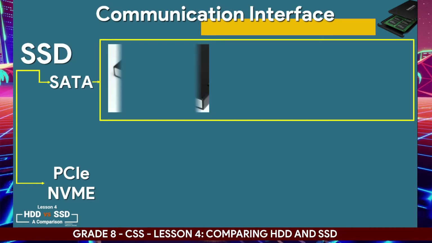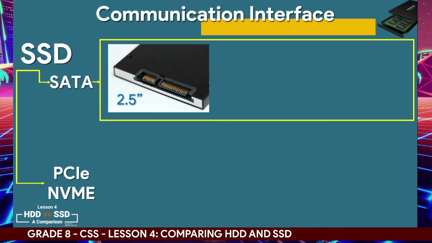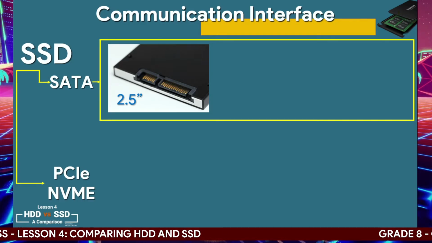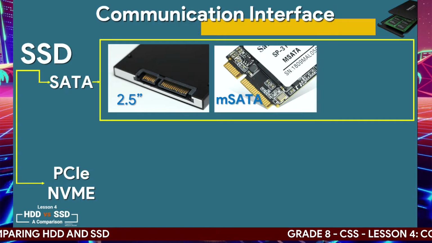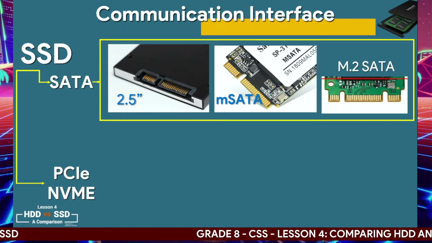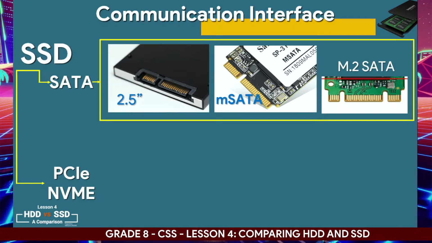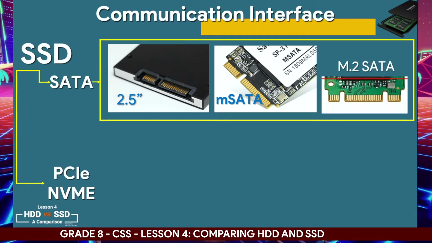1. We have the 2.5 SATA, which is similar to HDD's SATA, but the transfer rate can range up to 550 megabytes per second. Next is the mSATA, and lastly, the M.2 SATA, whose transfer rate can reach up to 6 gigabytes per second.